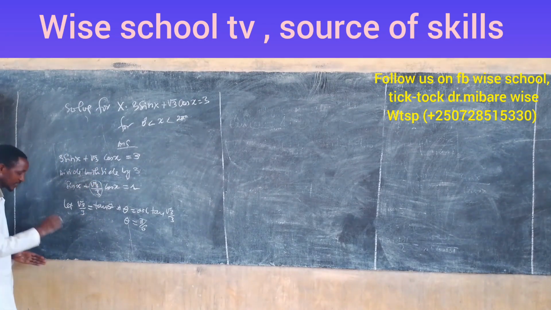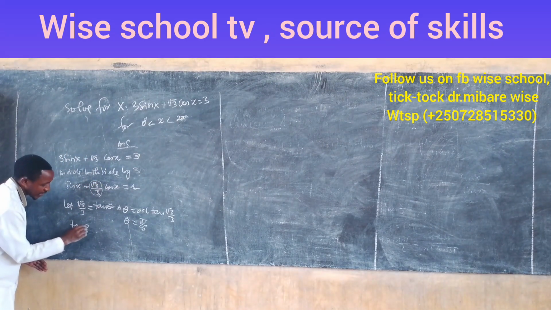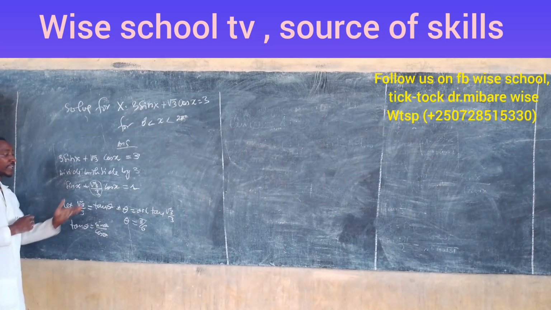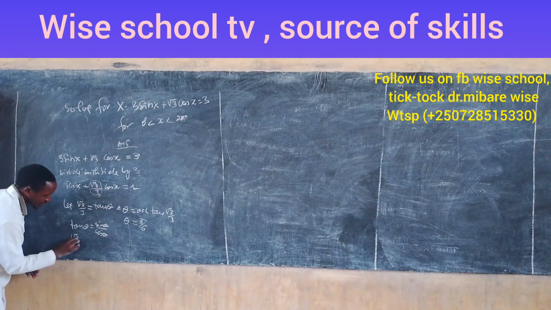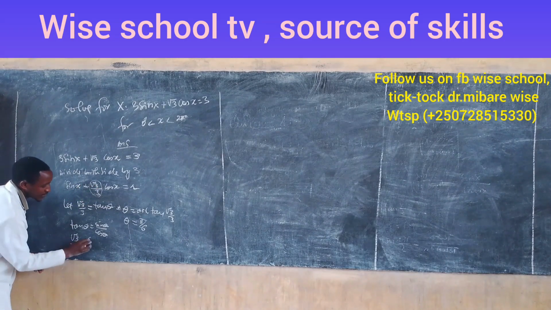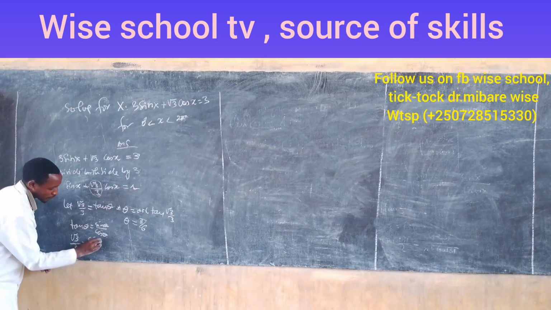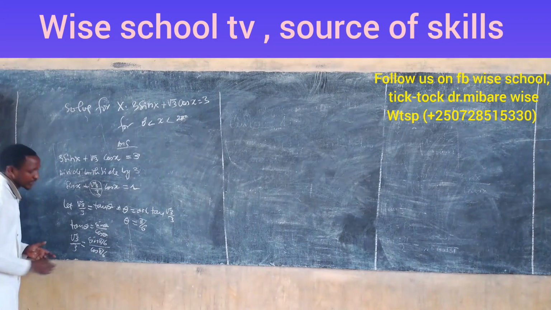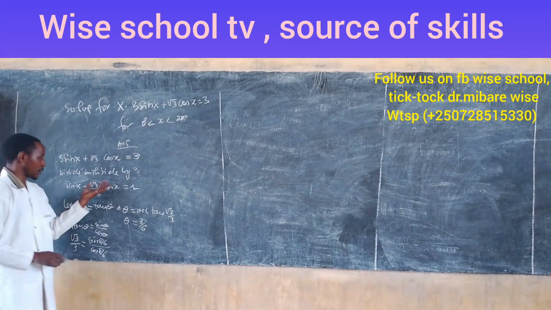So remember that tan of theta is equal to sine of theta over cosine of theta. In our question, square root of 3 over 3 is equal to sine of pi over 6 divided by cosine of pi over 6. Replace this in our equation.